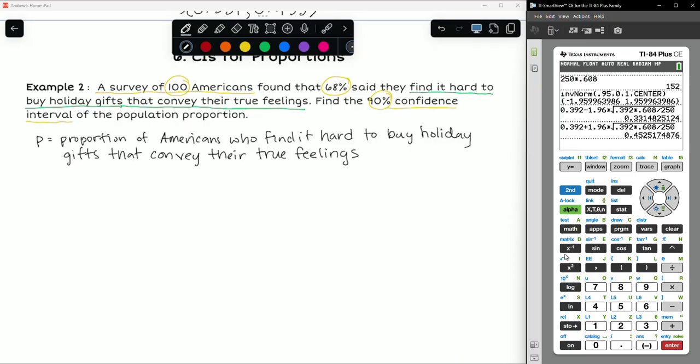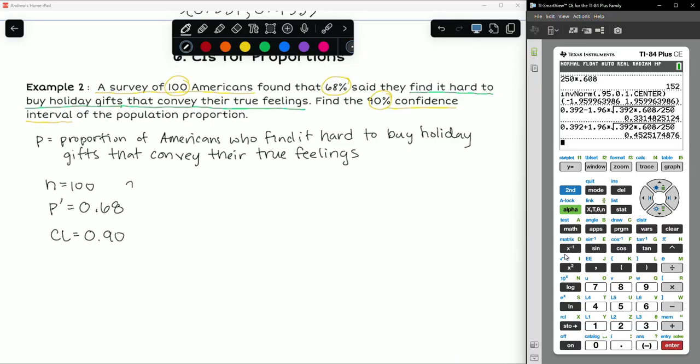We'll list what we were given. So we were given a sample size of 100. We were given a proportion of successes, which is 68% or 0.68. And we were given a confidence level, which is 90% or 0.90.